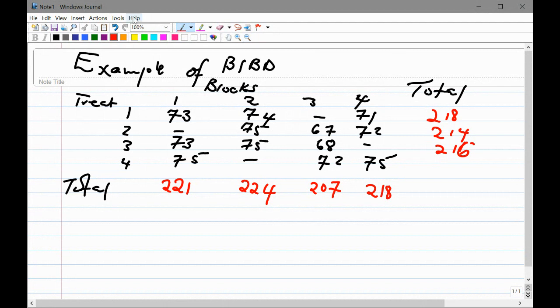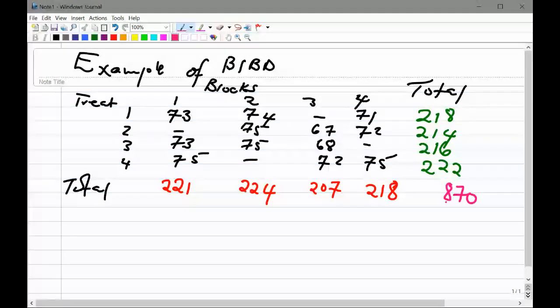Well, let me use a different color here because it's very important to what I'm about to explain. 218. Yes. 214, 216, 222. And then the grand total is what? The grand total is 870.